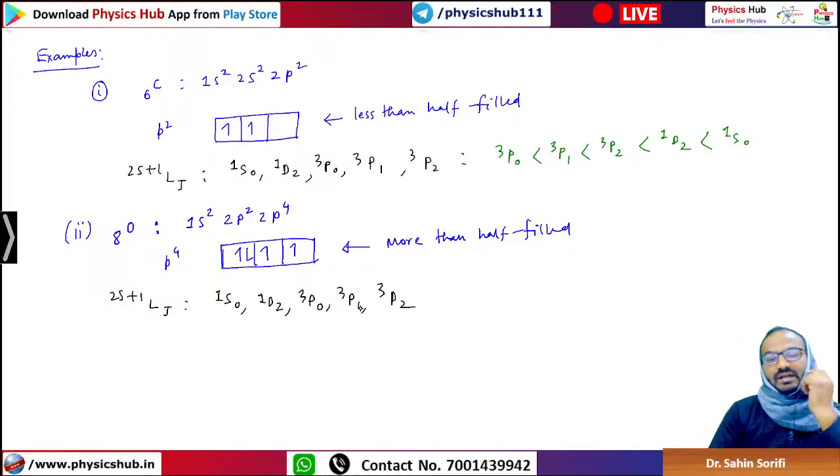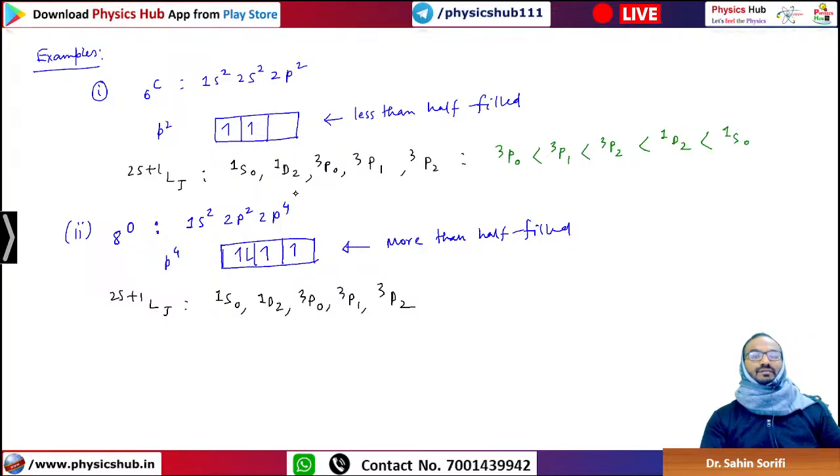Look, we will get the same terms because p2 and p4 are equivalent, right? So we will get the same levels.